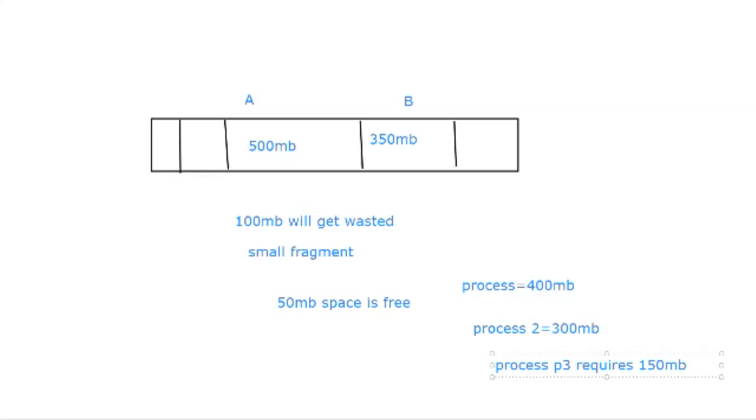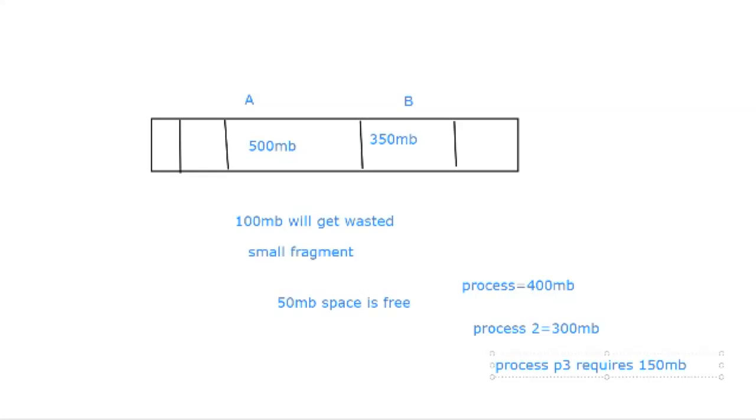No, you cannot divide it. So, ma'am, then P3 will not be possible. Yes, Suraj, what do you want to say? Ma'am, then P3 will not be allocated to any block.